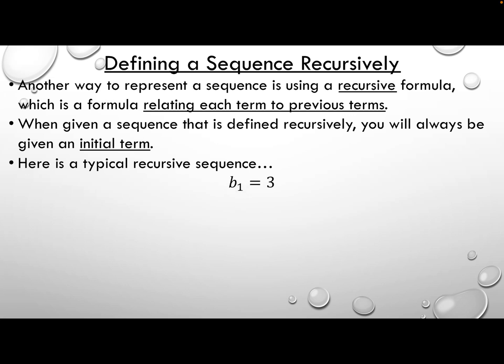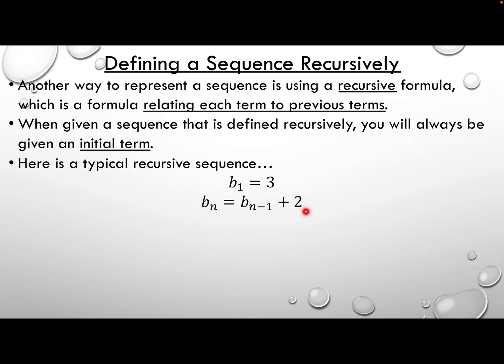You'll see this sequence is defined recursively, and there are actually two parts to it. There's the first term given to us, b sub 1, and then there's the formula.